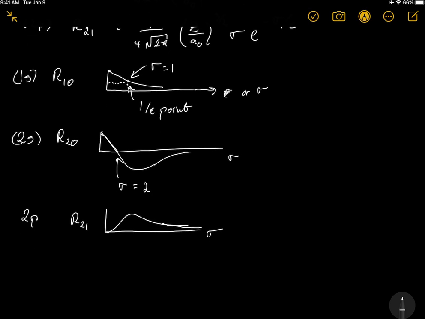And this also has a node, but the node is not so much in the radial part, because at r equals 0 we can't really have a node in the radial part of the wave function. The node is really in the angular parts, as we'll see later on.